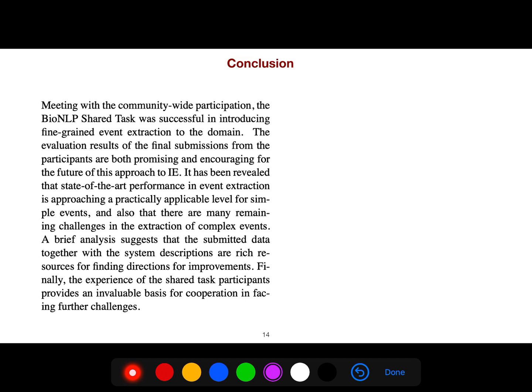It has been revealed that the state-of-the-art performance in event extraction is approaching a practically applicable level for simple events, and also that there are many remaining challenges in the extraction of complex events, such as nested events or repeated events.